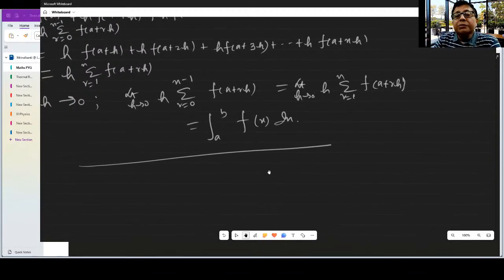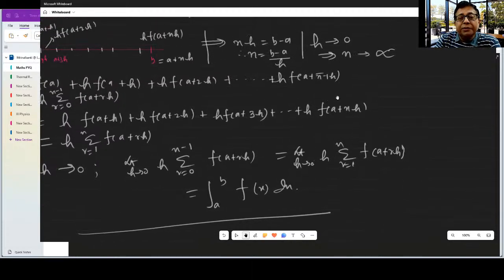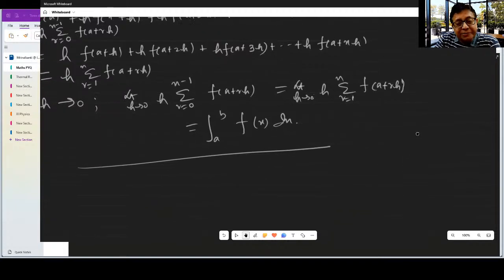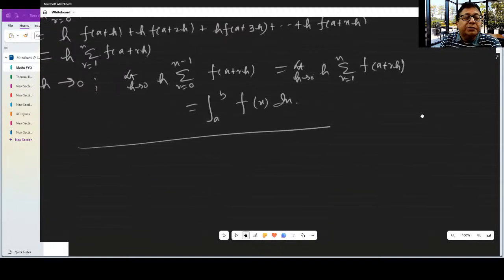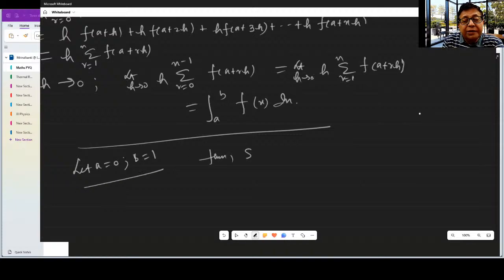Now, how these sums can be expressed in terms of n, let me explain that part also. I'm just doing one thing here: let a be 0 and b be 1. Then S1 will be what?